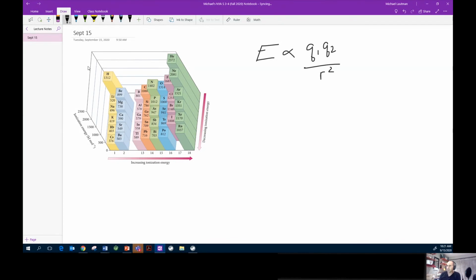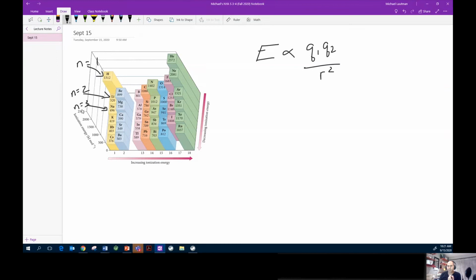In hydrogen, the valence electron is in n equals 1. In lithium, it's in n equals 2. In sodium, the valence electrons are in n equals 3. So as we proceed, what's going on?